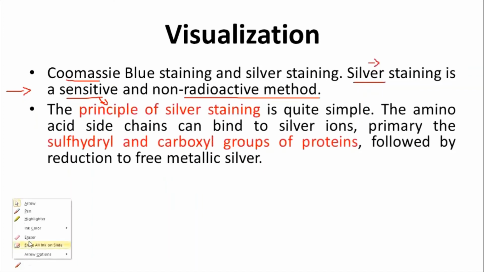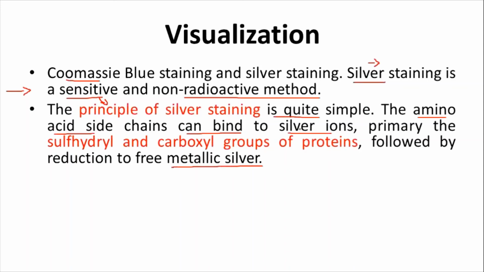The principle of silver staining is very simple, quite simple. The amino acid side chains of the protein bind to the silver ions. Then the silver ions get reduced to form metallic silver.